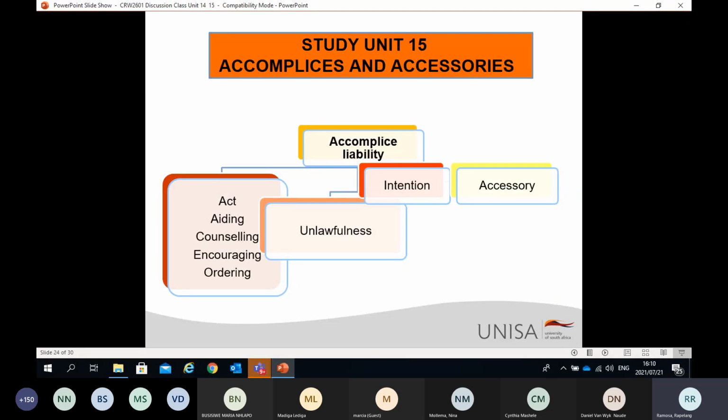So there need not be any mutual conscious cooperation between the perpetrator and the accomplice for there to be liability. We also say that accomplice liability is accessory. This means, as you have seen in the definition, there has to be a perpetrator for there to be an accomplice. Because the accomplice must further the commission of the crime by the perpetrator.